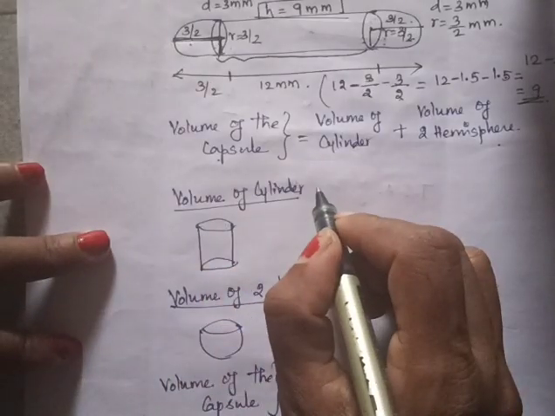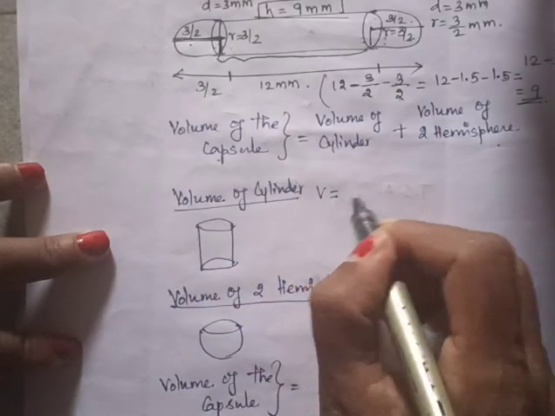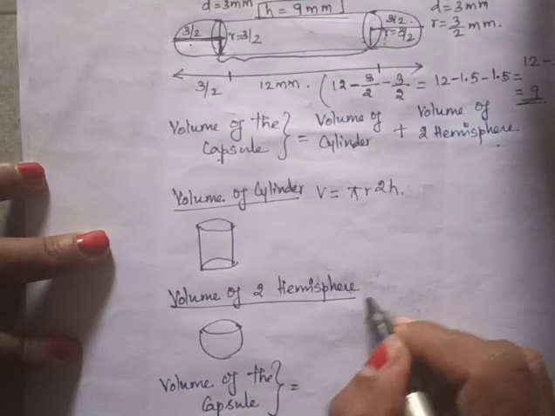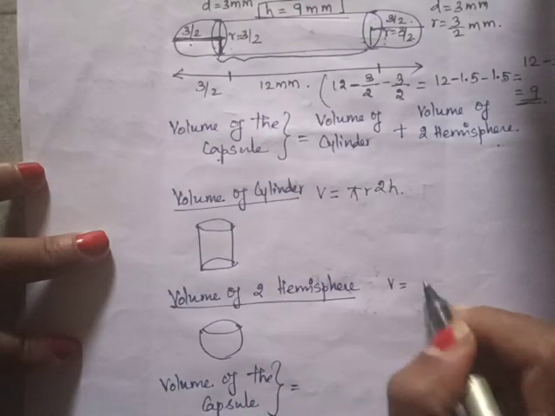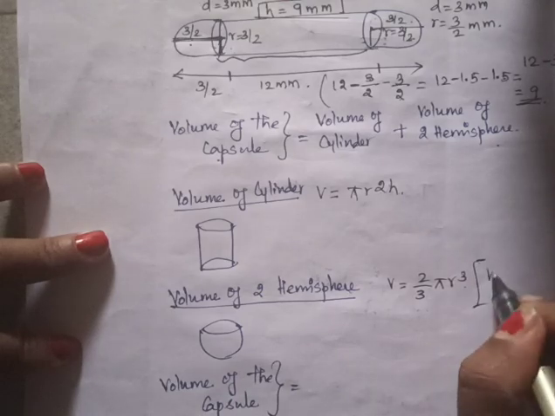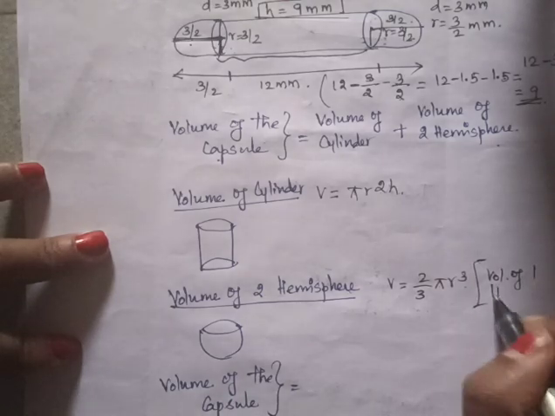Volume of the cylinder formula, V is equal to pi r squared h. Volume of hemisphere, V is equal to 2 by 3 pi r cube. That is the volume of one hemisphere.